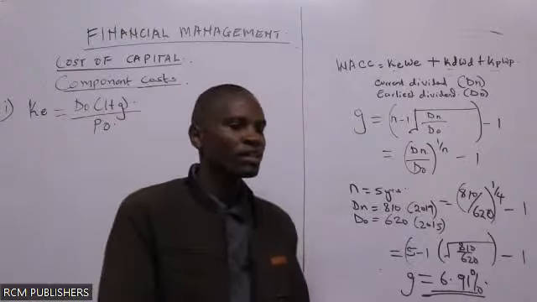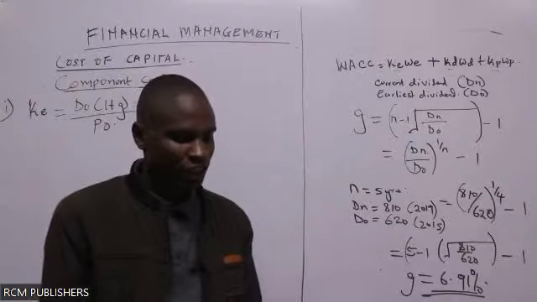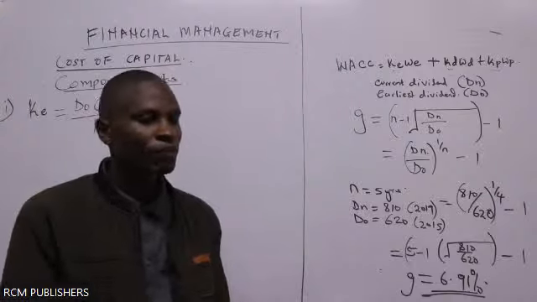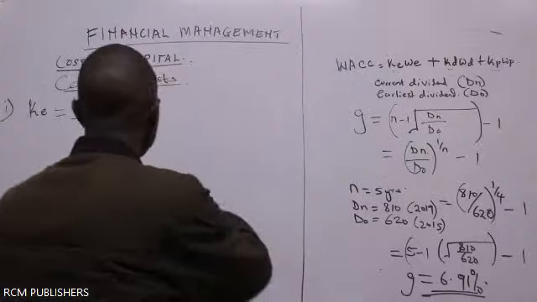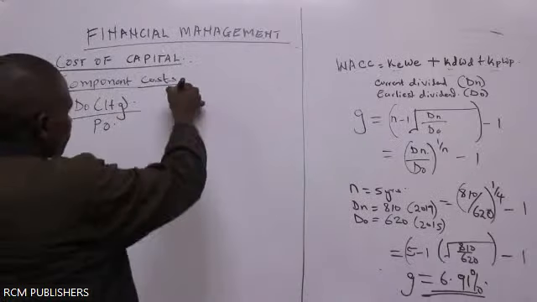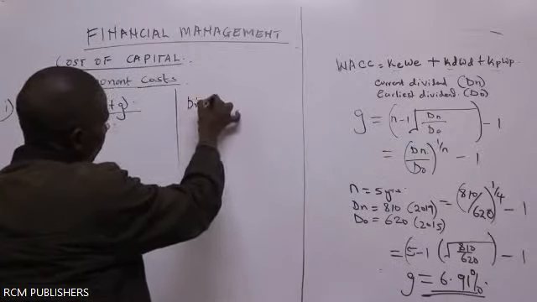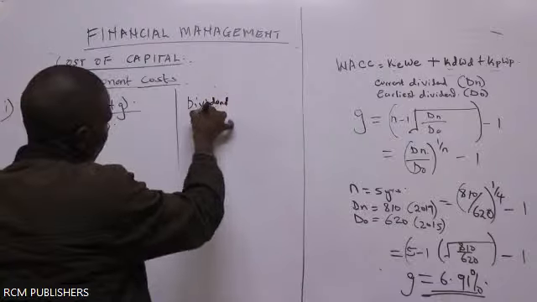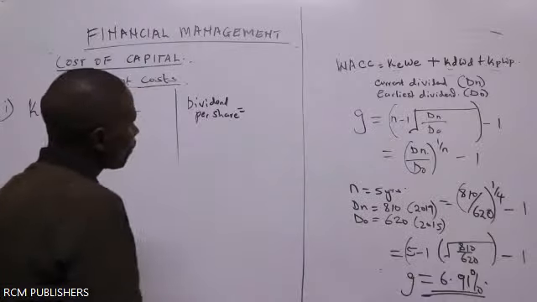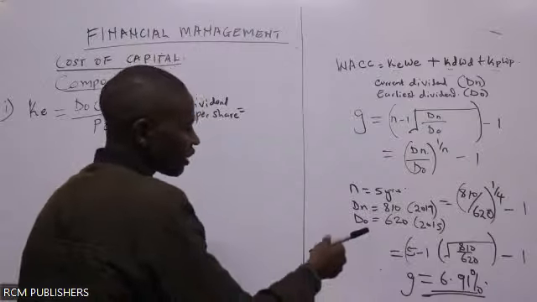Tell me the formula of getting dividend per share. Dividend per share, because I need now to get the dividend per share. That will be my DO, dividend per share. I know that I have the dividend that was paid.